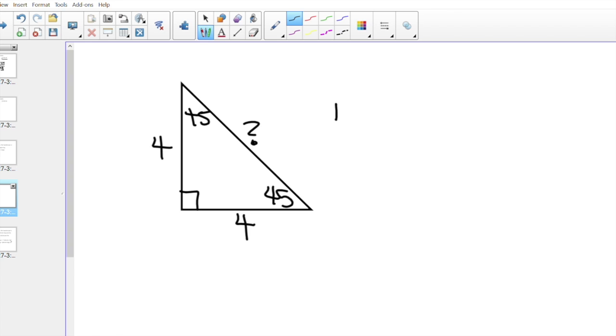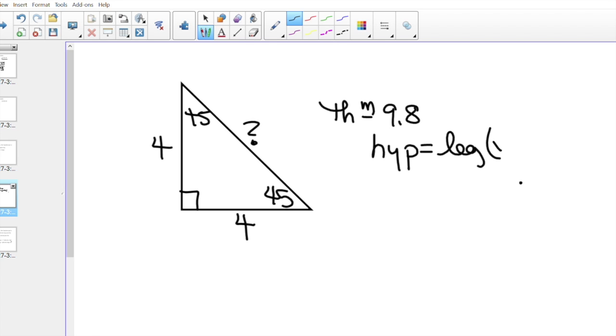Using Theorem 9.8, which says that the hypotenuse, we're going to abbreviate it HYP, is equal to the leg times the square root of 2.